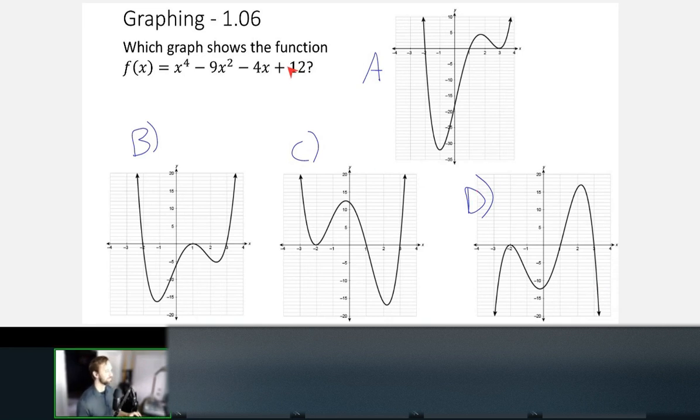So maybe on your test, finding the y intercept might be a really quick way to see the answer. And remember, it's a big test and it's worth a lot of points. So graphing it to see what it looks like visually is really the sure way to confirm what it is. So I would do both ways.